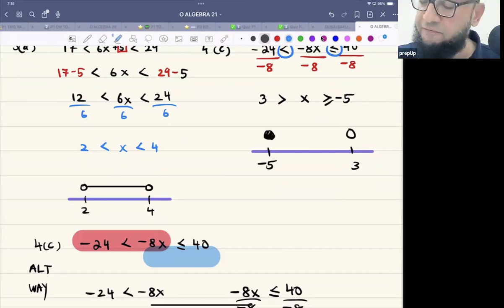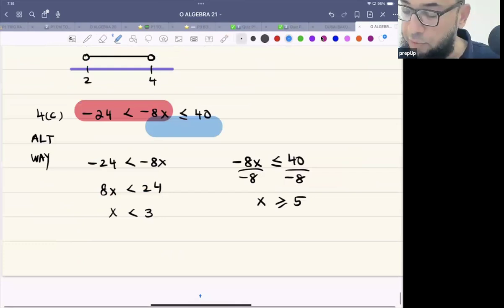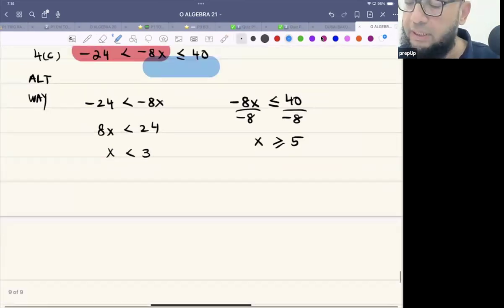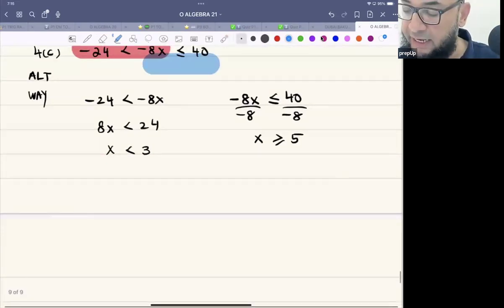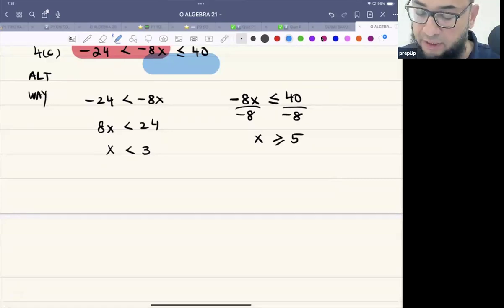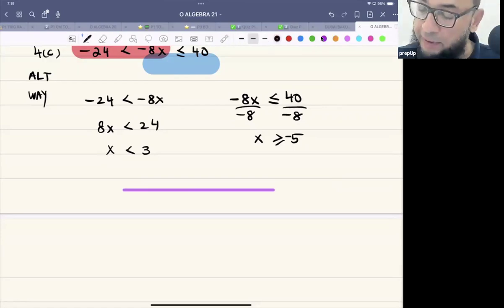And this is positive 3. That is the red line. So now, x is lesser than positive 3. X is greater than or equal to negative 5. So therefore the overlapping region is the answer.